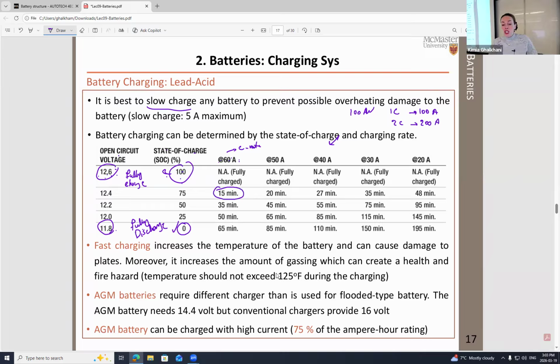For fast charging, you are going to have to consider temperature. Because when the resistance is increasing, what is the relationship? The relationship is V equals IR. What will happen if the resistance is increasing? Can we keep the voltage constant?